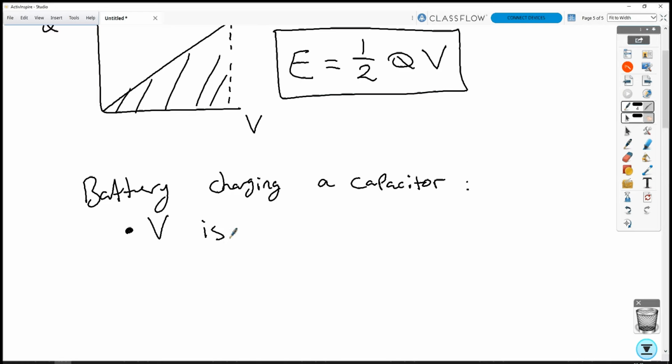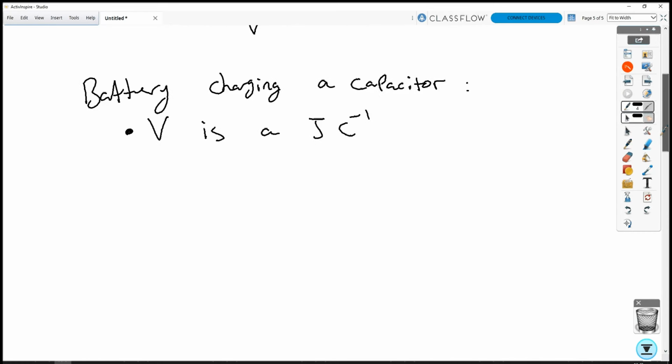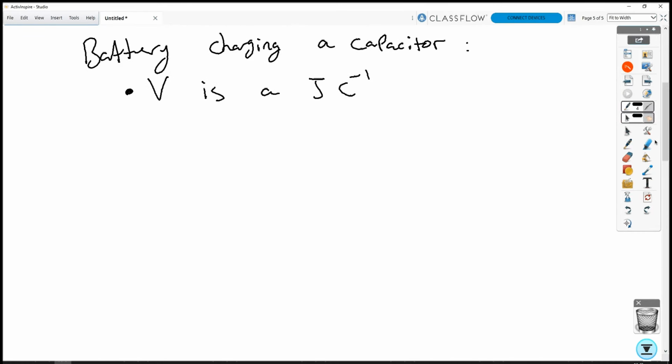So V is a joule per coulomb, the work done per unit charge. And the equation for that, the work done by the battery, is W equals QV.